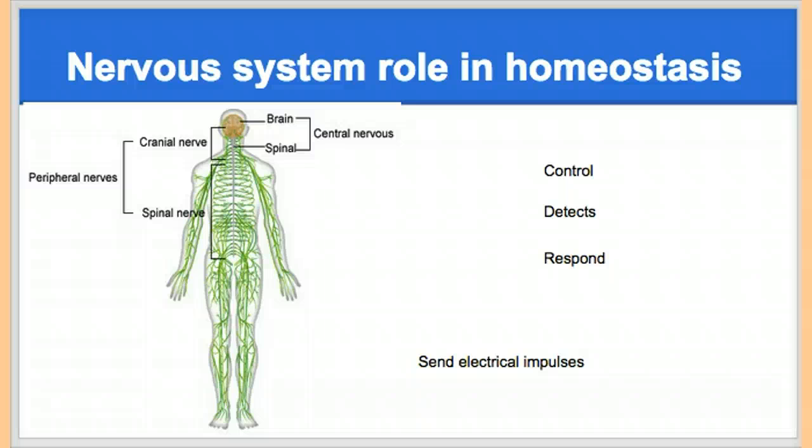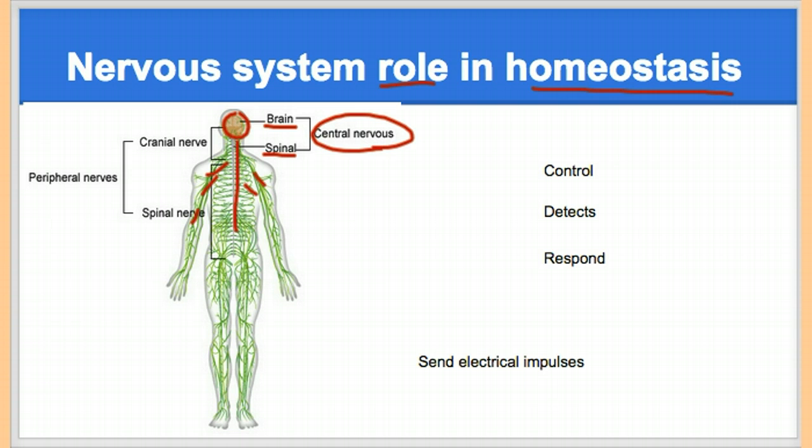One of the important systems that helps in the role of homeostasis is the nervous system. The nervous system consists of the brain and the spinal cord. That makes up the central nervous system. The other part of the nervous system are nerves that run out of your spinal cord to every single cell in your body, and that is the peripheral nervous system.